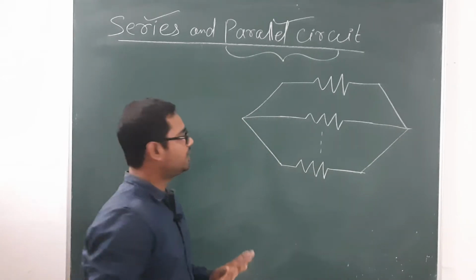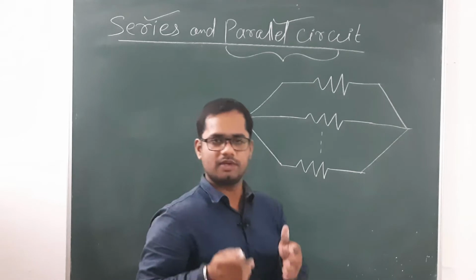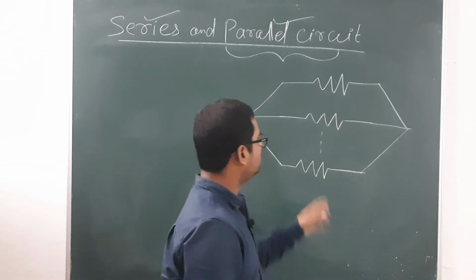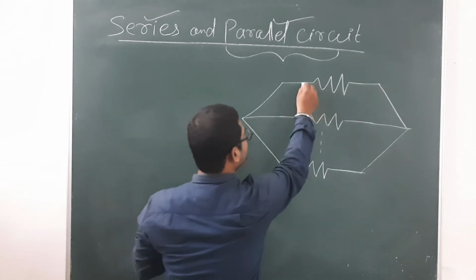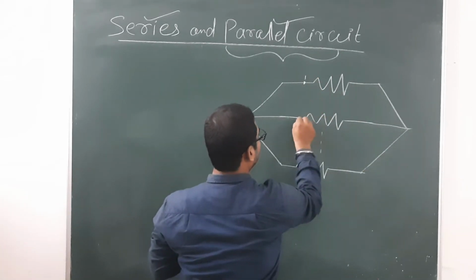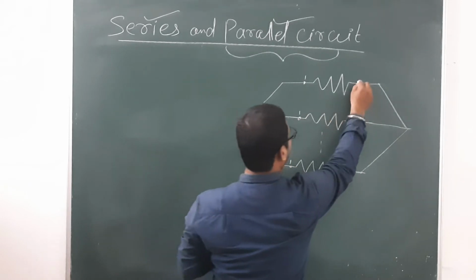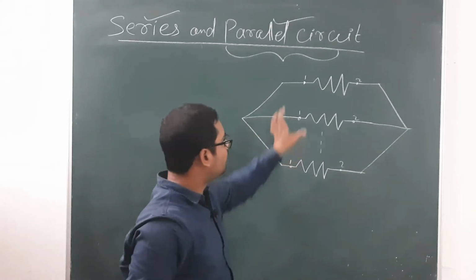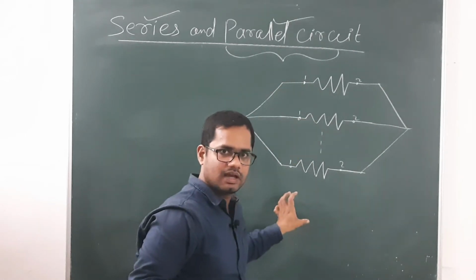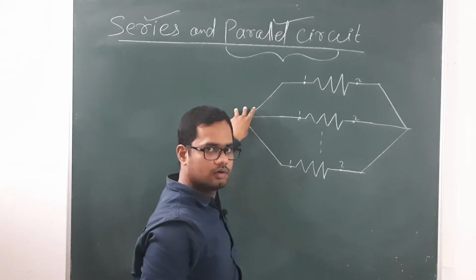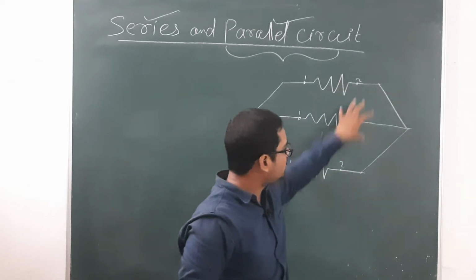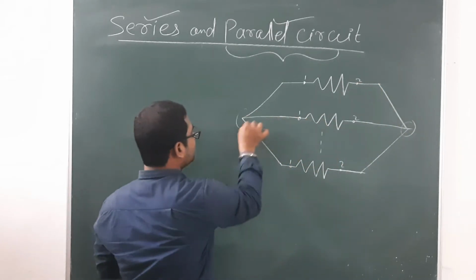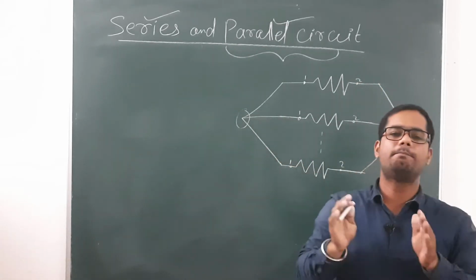The diagram is just visual; you can draw the diagram in your choice, but the thing is the same. So if this is terminal 1 and these are terminal 2, that means one terminal of the resistances is connected to a single node, or a single point, and the other terminals of the resistances are connected to another node, another point. This type of connection is called a parallel connection.